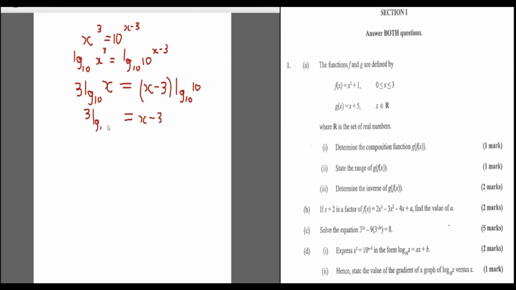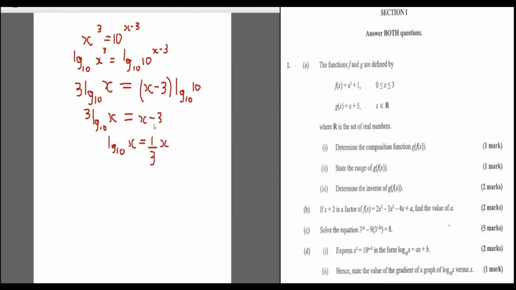Now we need to get rid of this 3. So to get rid of this 3, we divide both sides by 3. So we're finally going to get that log to base 10 of x is equal to 1 over 3 times x.